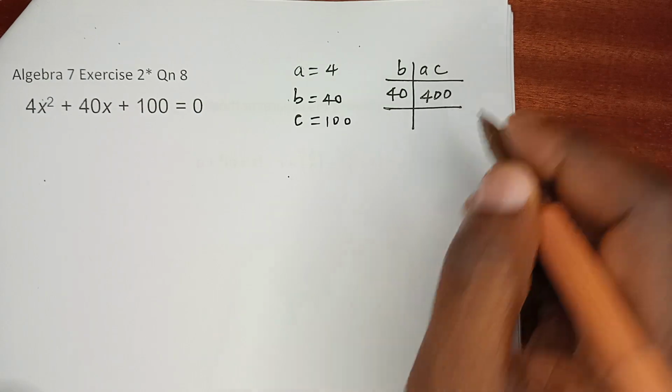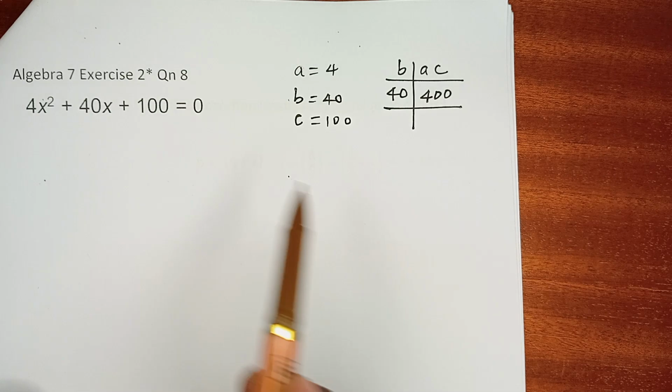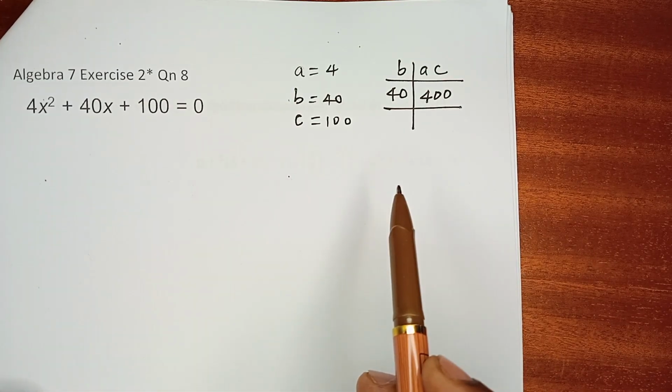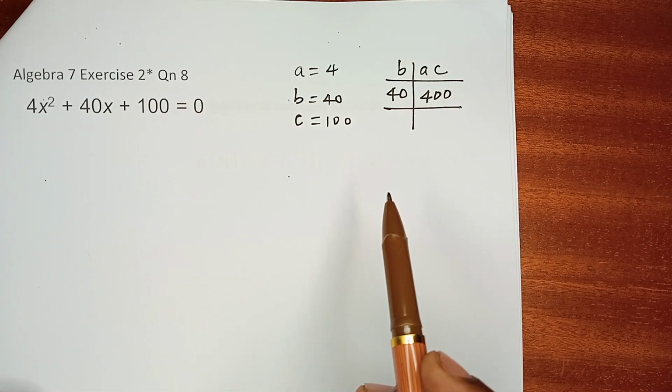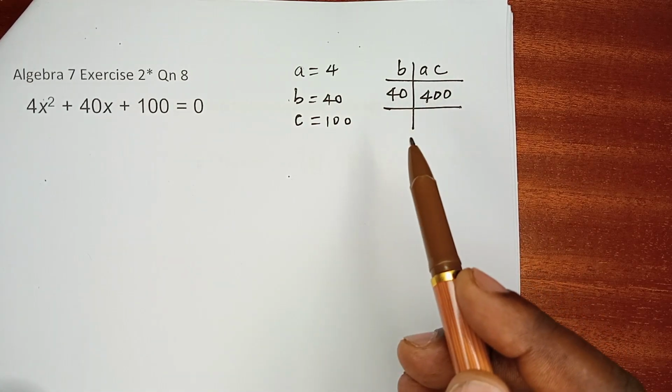I want us to pause there and look at the question again, because most of the students would go that way. But if we go this way, we might make our work very difficult. Why? Because the figures we are going to look for are very big.